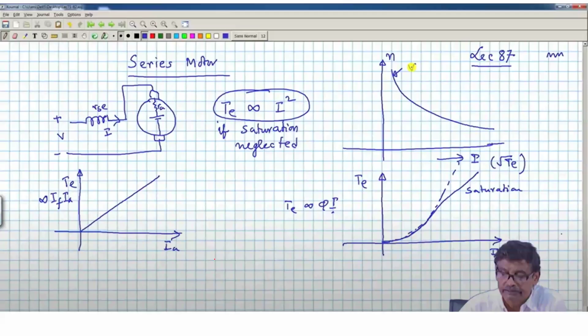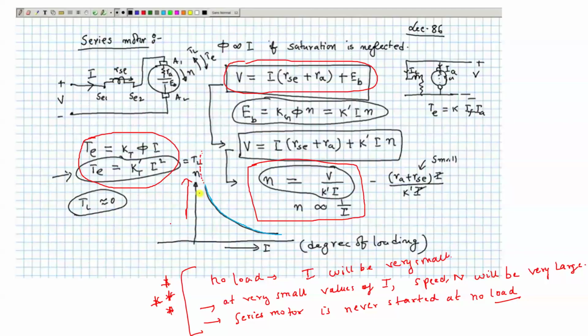Now we will plot the torque versus IA characteristics for the two machines, the shunt machine and the series machine.